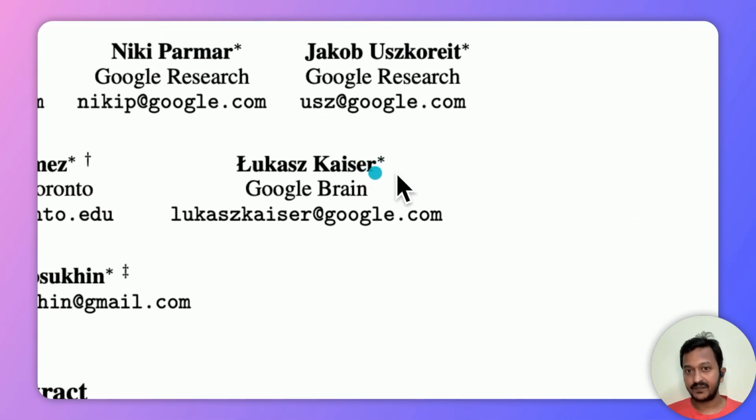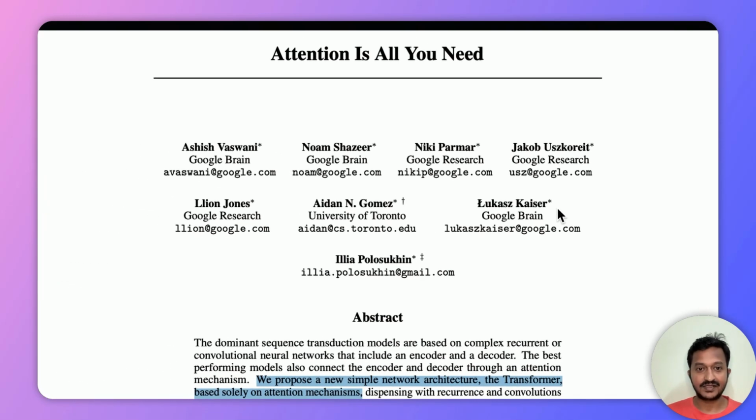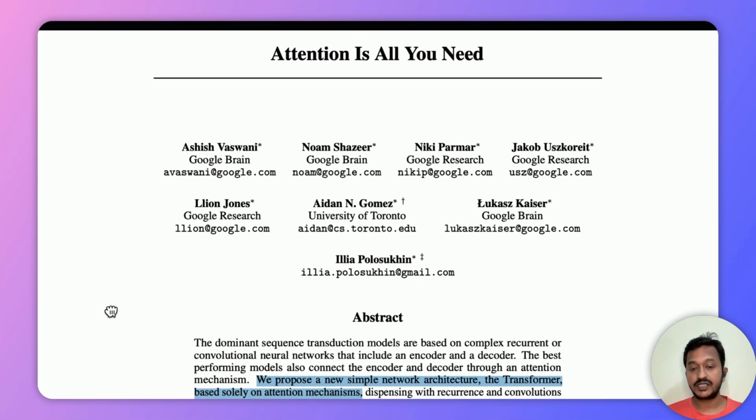And that is when Google researchers published this wonderful research paper called "Attention Is All You Need." You know what they said? They proposed a new simple network architecture, the transformer, based solely on attention mechanisms.